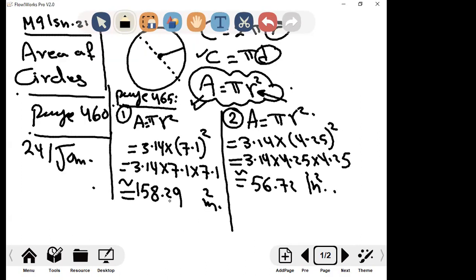Point what? 158.13. But 3.14 multiply 7.1 multiply 7.1 will be 158.28, and they want us to round to the nearest hundredth, right? The hundredth digit is 8, after it 7, so it will be 9. This is the correct answer. Okay.